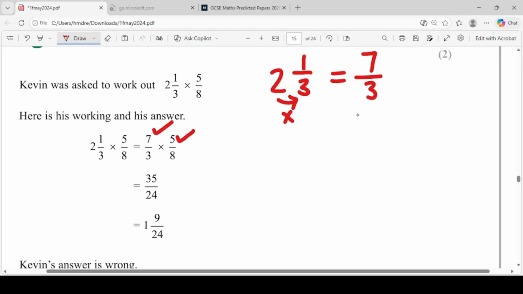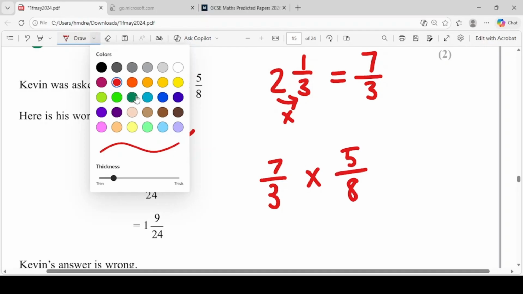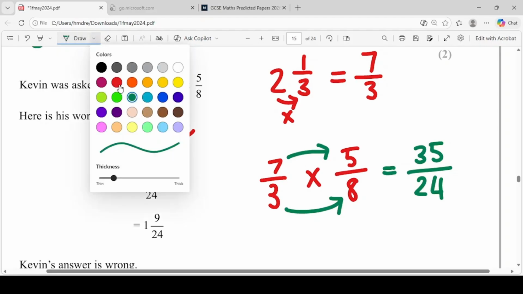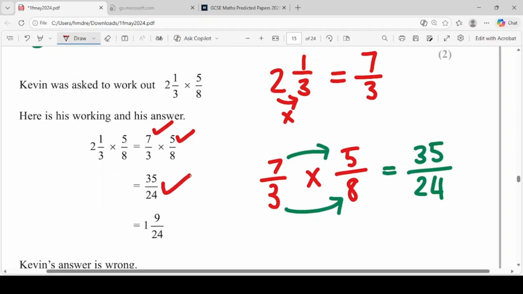Then when we are timesing, we should do 7 over 3 times 5 over 8. Let's just work this out, what we should get. So 7 times 5 is 35. And 3 times 8 is 24. So far he is right. That is also right for that step.